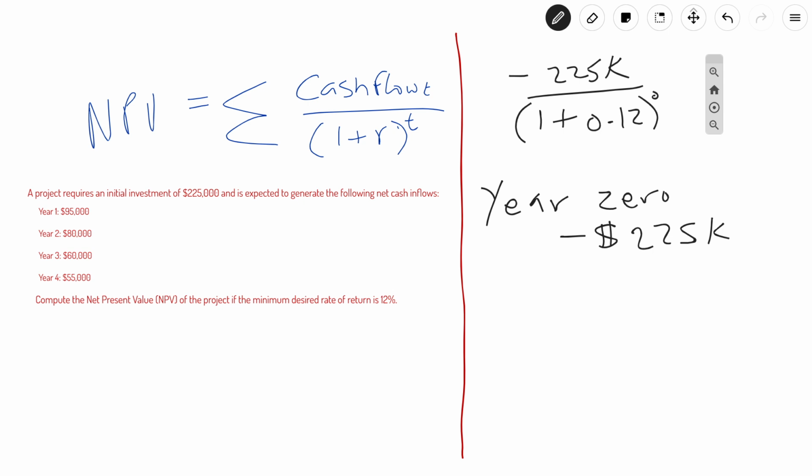So there's really no need for you to apply the formula for year 0 because it will be that same amount. Okay, but just to put it in context, I'm showing it here. So that's year 0.